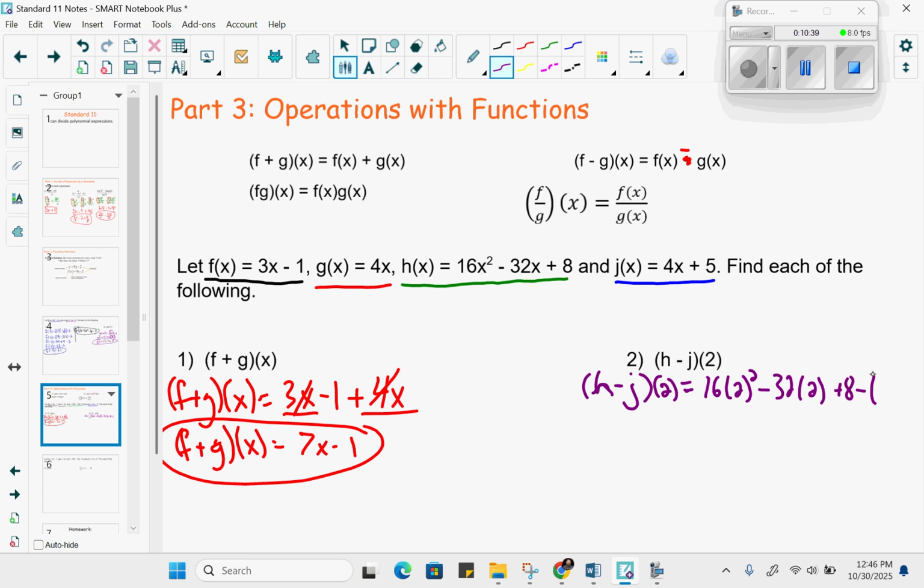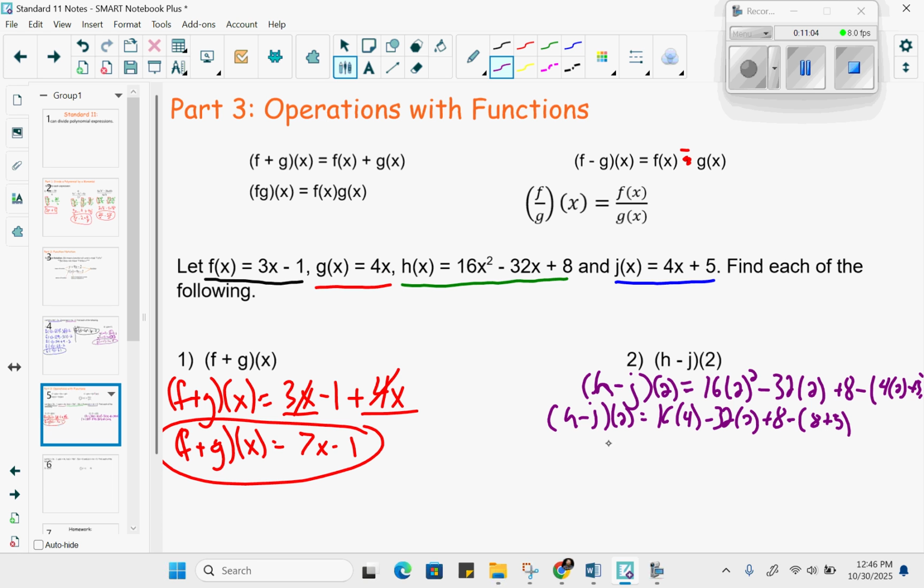j of x is 4x plus 5. 4 times 2 plus 5, all right? And then we're going to simplify. h minus j of 2 equals 16 times 4 minus 32 times 2 plus 8 minus the quantity 8 plus 5.